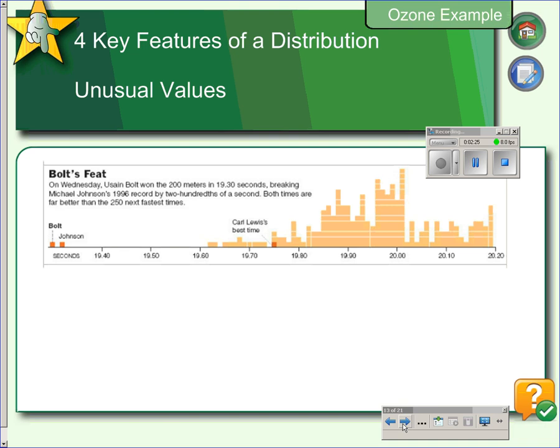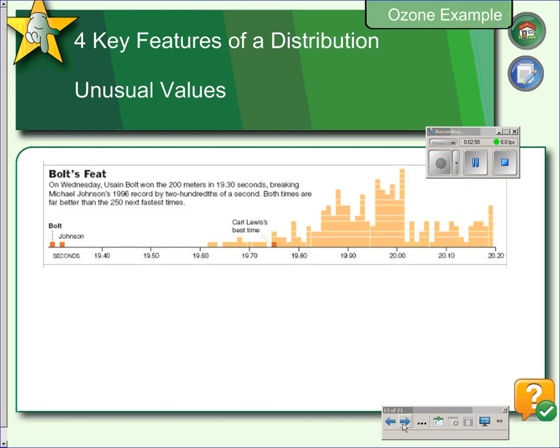Here's another graph on unusual values. If you watch the Olympics, you would have noticed Usain Bolt was extremely fast, much faster than all the rest of the people. And so if we were to make a data display of the 250 fastest times in the 200 meters, this is what we would get.